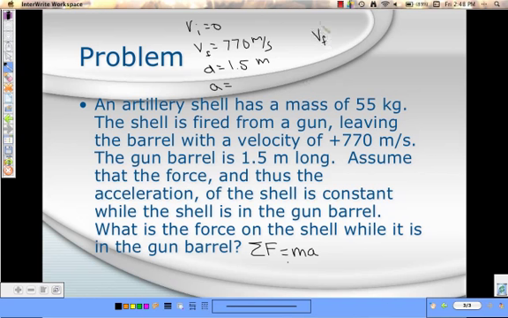We can use vf squared equals vi squared plus 2ad. So this is 0. Let's put the numbers in here: 770 squared is equal to 2a times 1.5.